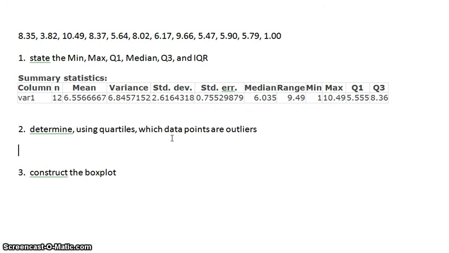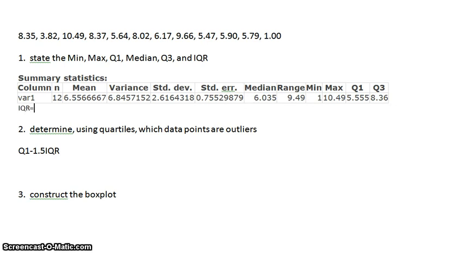Number 2, determine using quartiles which data points are outliers. Well, if you remember the formula, the lower fence was Q1 minus 1.5 IQR. And we forgot to state the IQR up here. So IQR equals Q3 minus Q1, which equals Q3 is 8.36 minus Q1, which is 5.555.